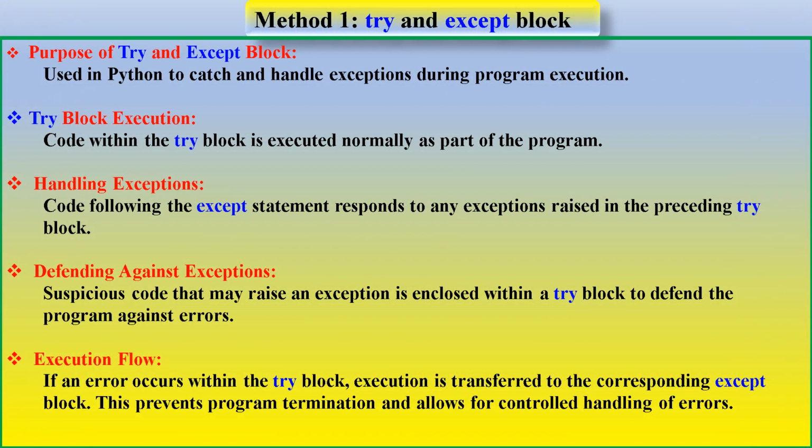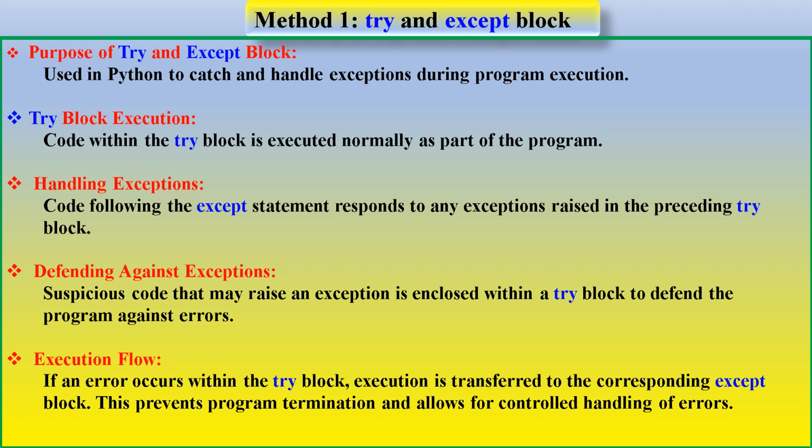Method 1. Try and except block. Purpose of try and except block. Used in Python to catch and handle exceptions during program execution. Try block execution. Code within the try block is executed normally as part of the program. Handling exceptions. Code following the except statement responds to any exceptions raised in the preceding try block.